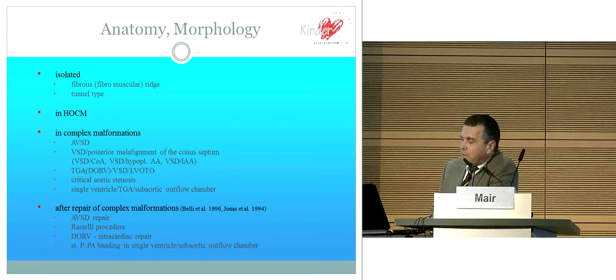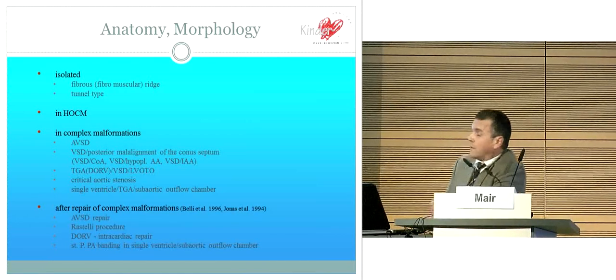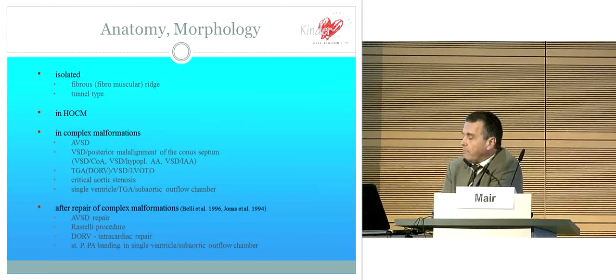It can be part of a hypertrophic obstructive cardiomyopathy, and much more, it can be part of complex malformations. Well known is the AV canal, then the complex of posterior malalignment ventricular septal defect plus coarctation, or plus hypoplastic aortic arch, or plus interrupted aortic arch.